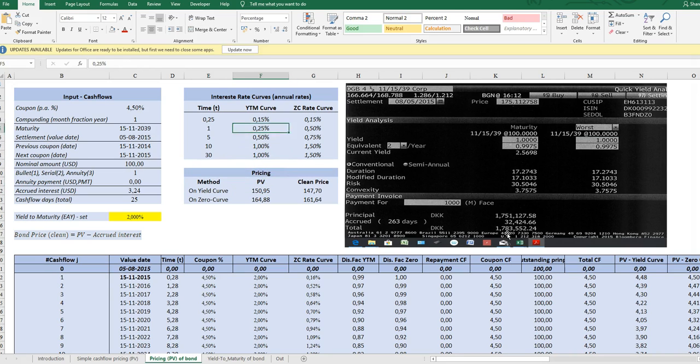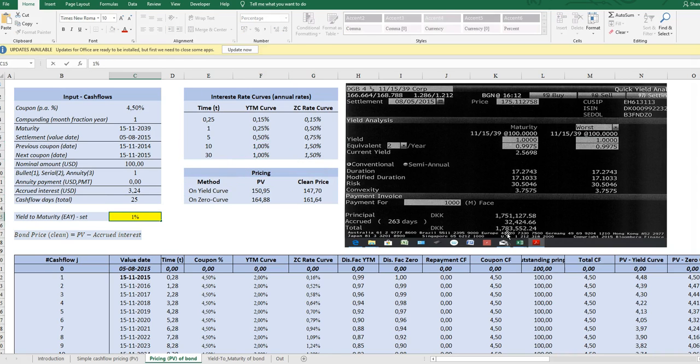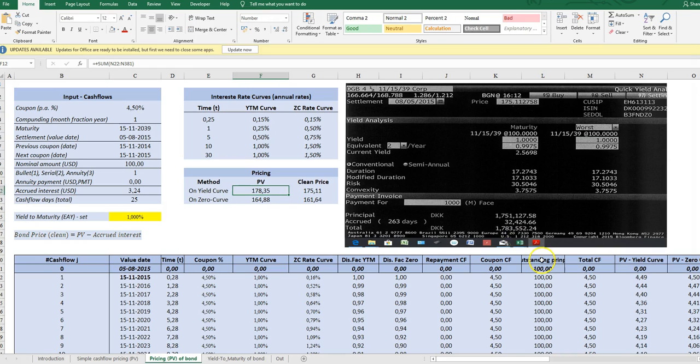If I look into the yield to maturity curve, I can see that this bond is priced on 1%. So if I try to type in 1% as a yield to maturity, I will get a present value of 178.35, which is this one, corresponding to a clean price of 175.11. And this is what you see up here from the Bloomberg sheet.